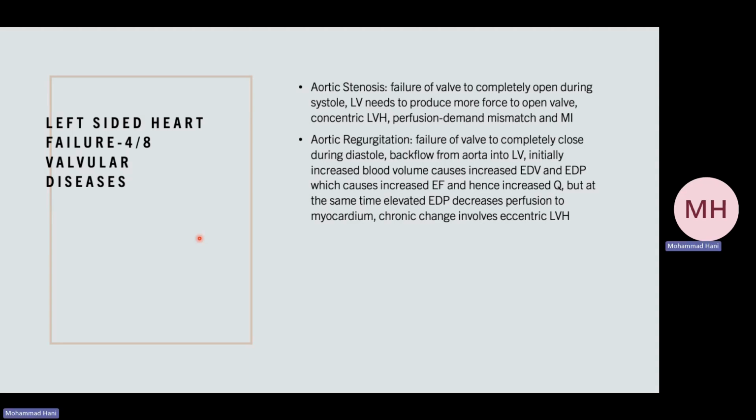And with decreased perfusion to the myocardium, chronically over time, you get eccentric left ventricular hypertrophy instead of concentric, in which sarcomeres get added in series instead of parallel. You can also have left ventricular dilation to accommodate for this extra blood that comes in.